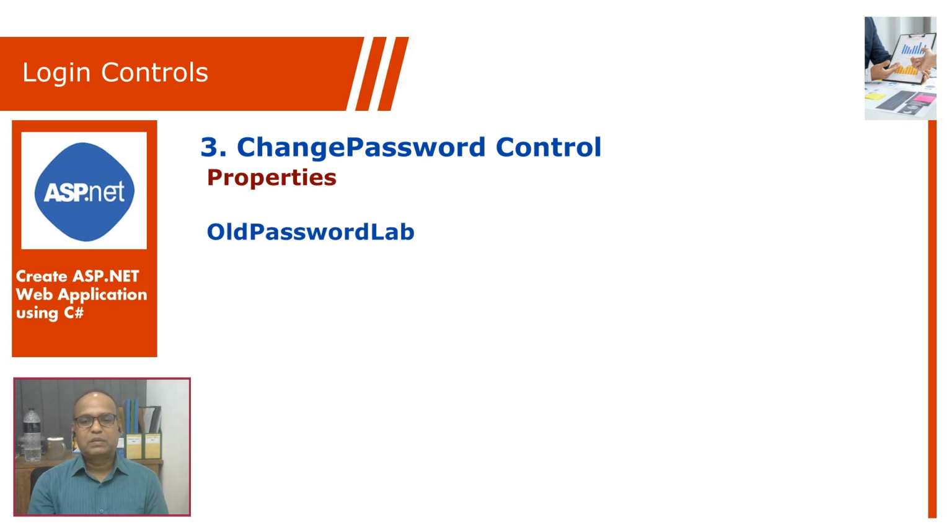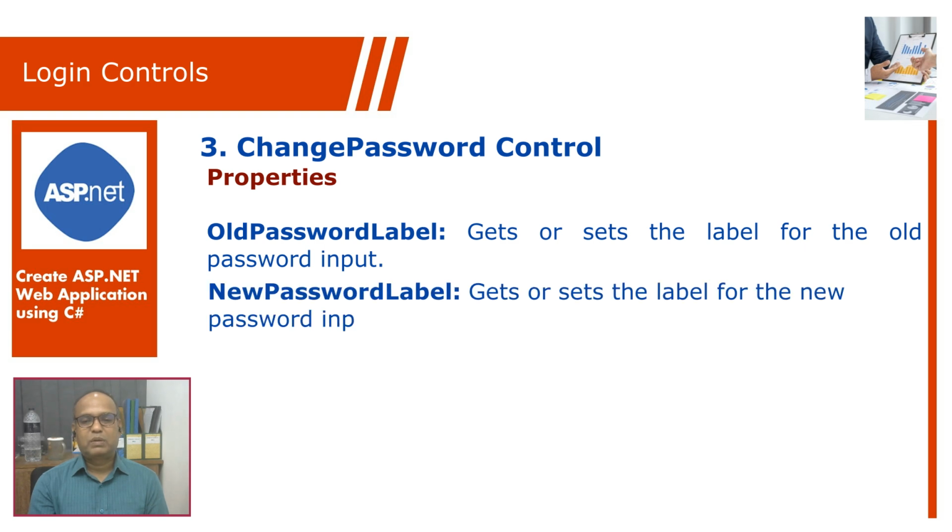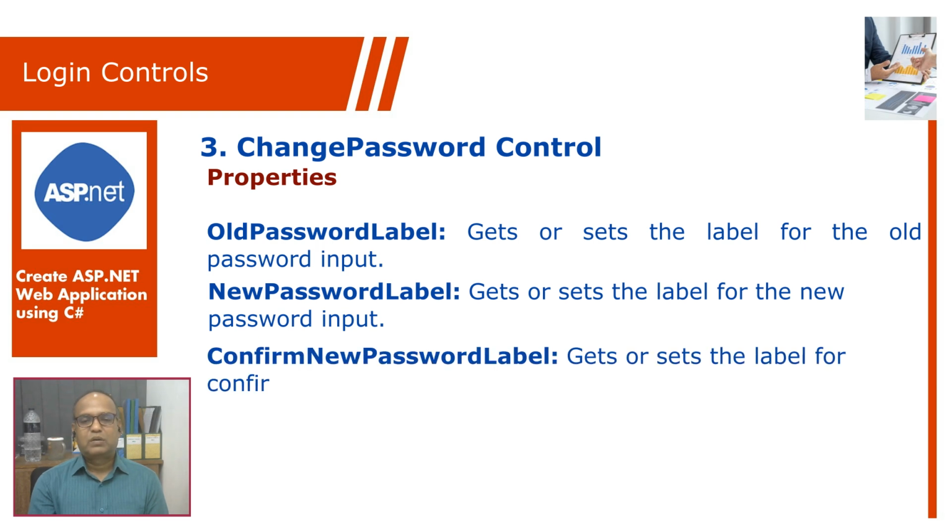Properties. Old password label: gets or sets the label for the old password input. New password label: gets or sets the label for the new password input. Confirm new password label: gets or sets the label for confirming the new password.